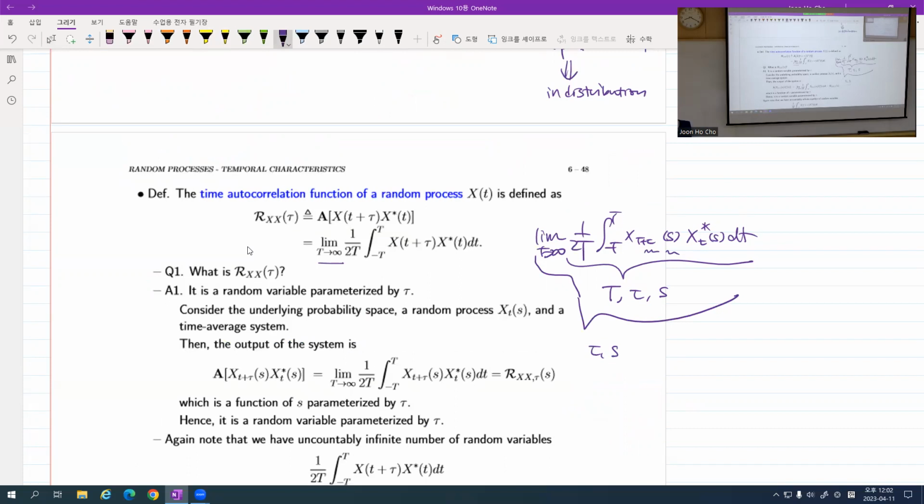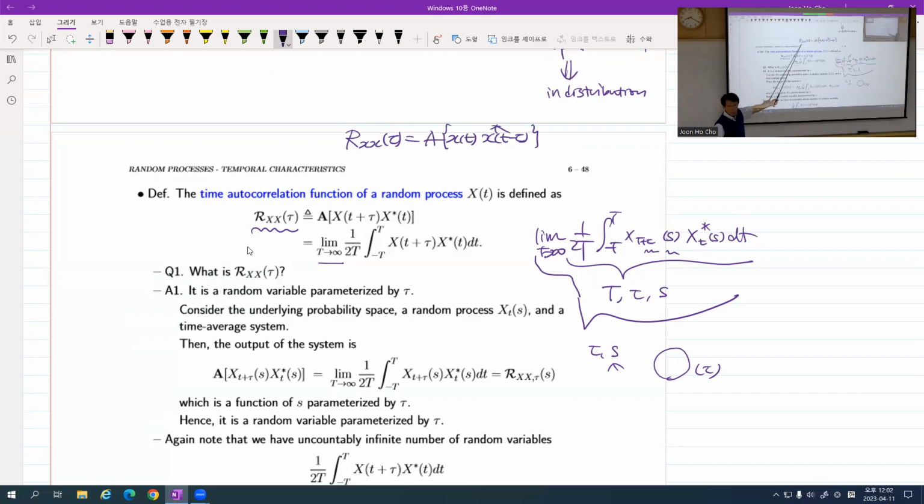So in general, we say that it is something of tau by dropping s. That's why we have that one. And actually, this is similar to the previous notation. What was that? When we had the deterministic function, we had this notation.